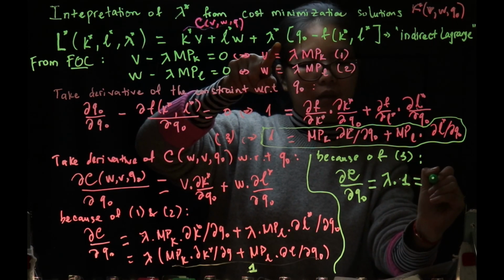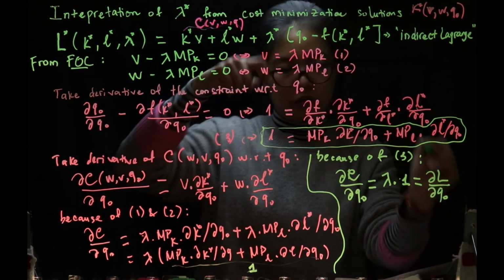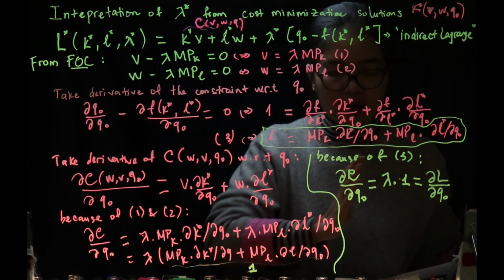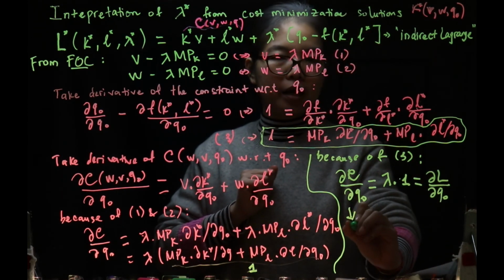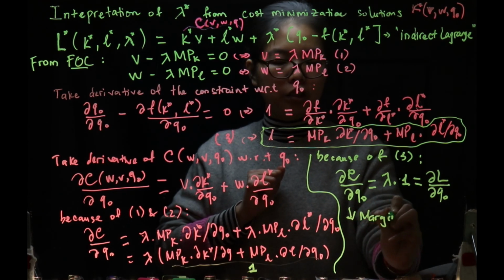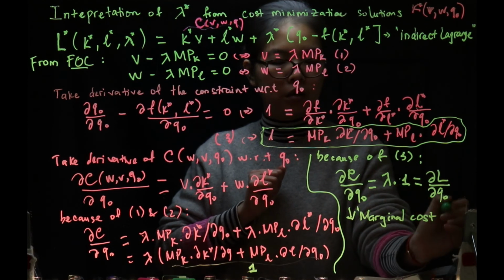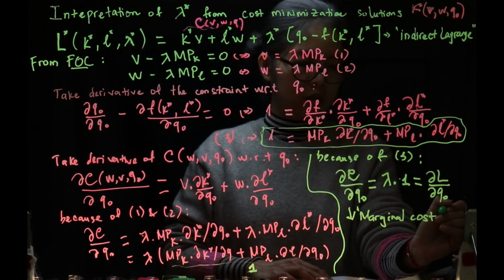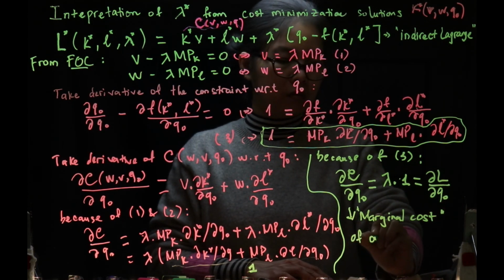Therefore, up to this point, it should be clear that the lambda can be interpreted as the marginal cost of output.